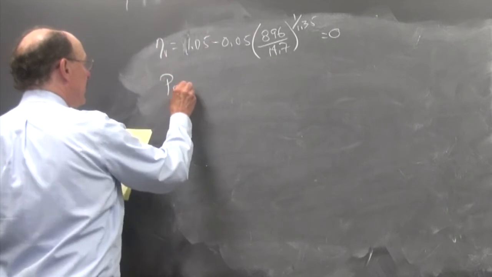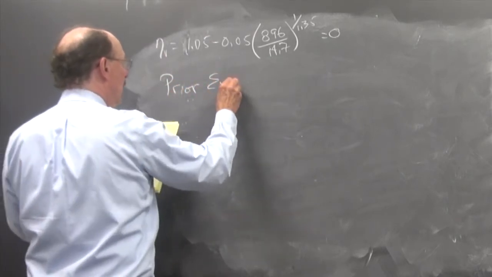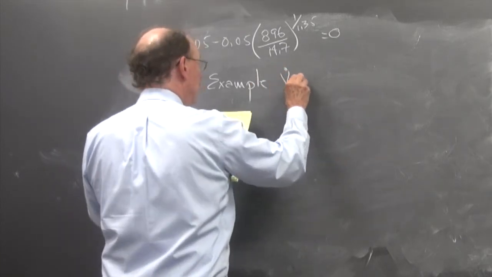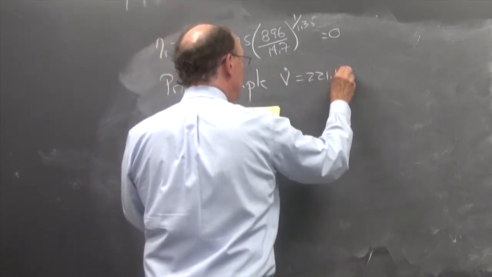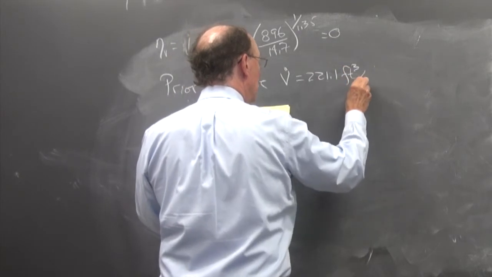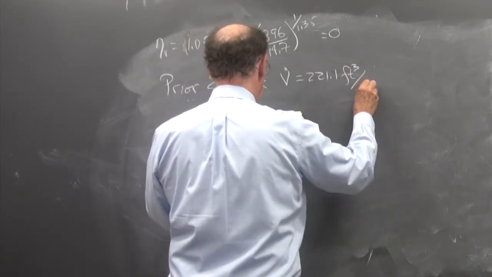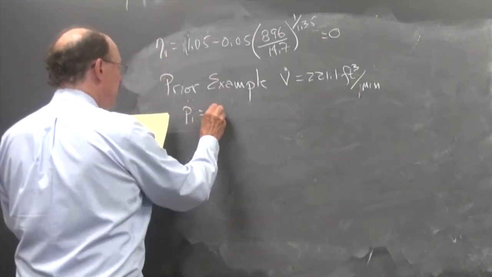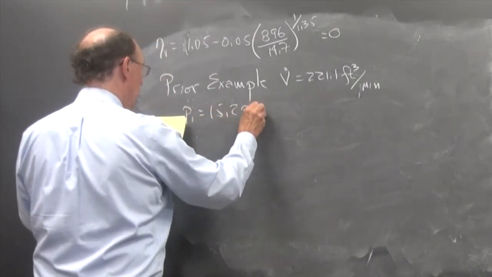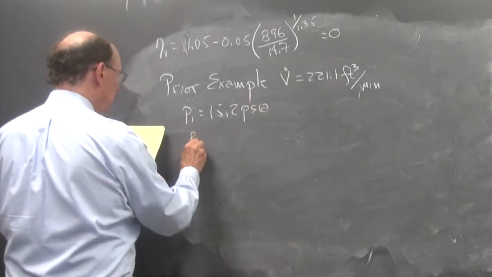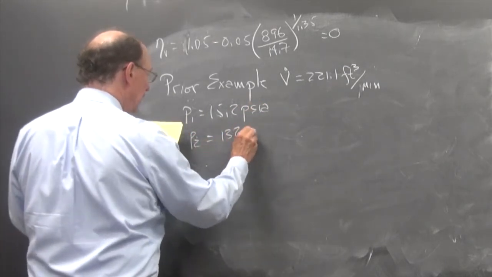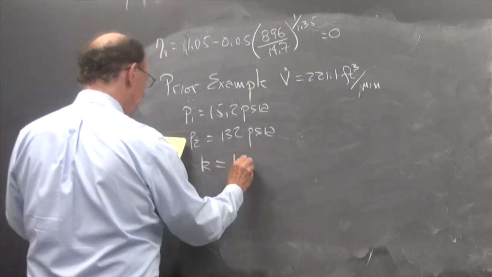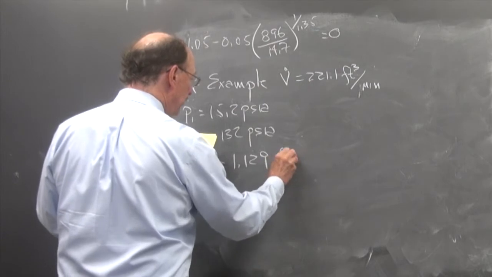So V dot is equal to 221.1 cubic feet per minute, and P1 was 15.2 psia, P2 was 132 psia, K is 1.129 for R12.